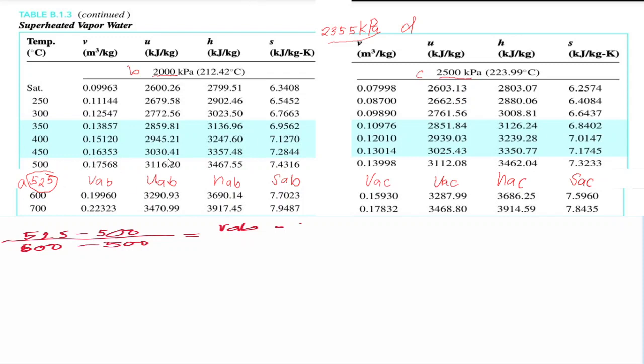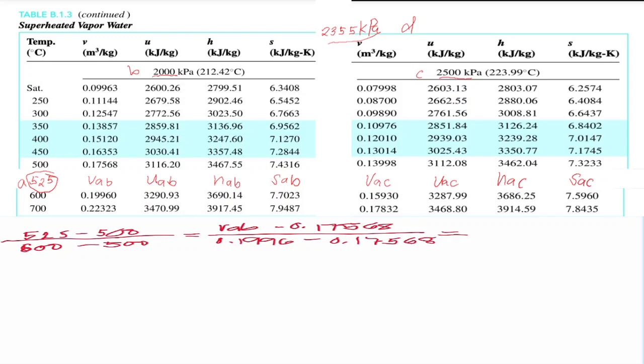So we have 0.17568 over the value of specific volume at 600. So we have 0.1996 minus 0.17568.